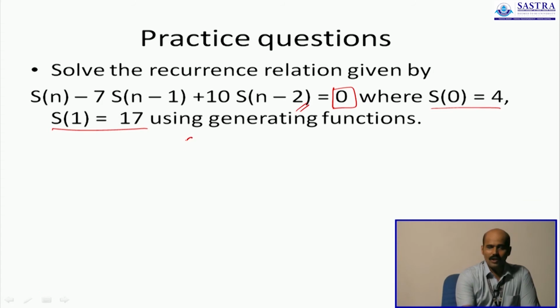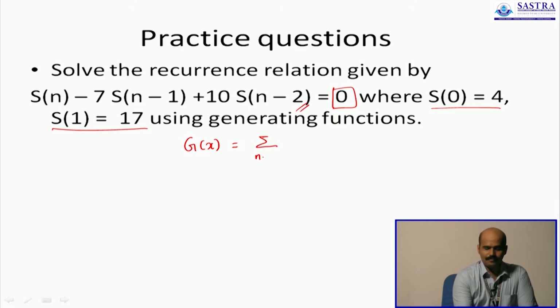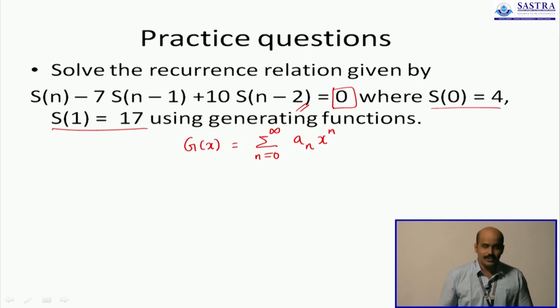If you can recall, the generating function that we used is defined in this form, where every term is made of 2 components, a constant namely ai, aj, ak, etc., and a power of x as in x power i, x power j, x power k, etc. The summation runs from 0 to infinity, and this is what we call the generating function used to solve any given recurrence relation.